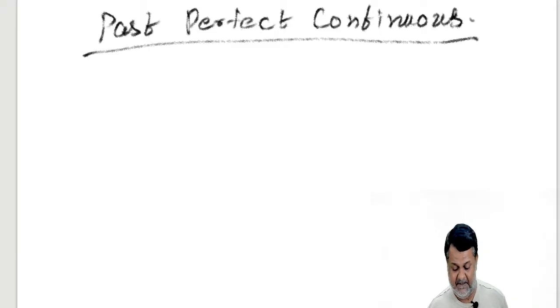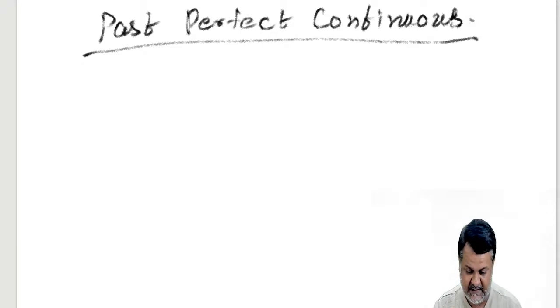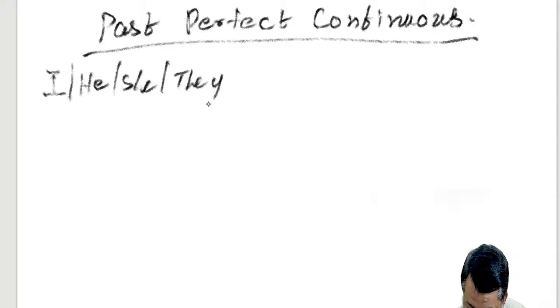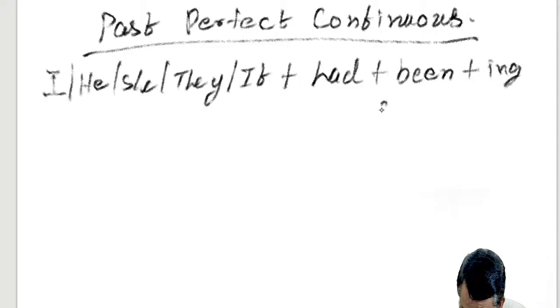So here it will be whether it is singular or plural, I, we, they, he, she, it, plus had plus been plus ing form of the verb.